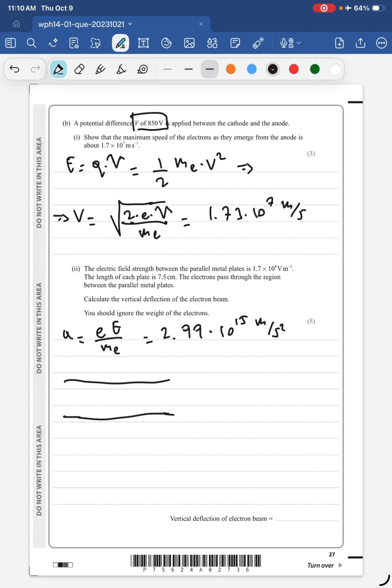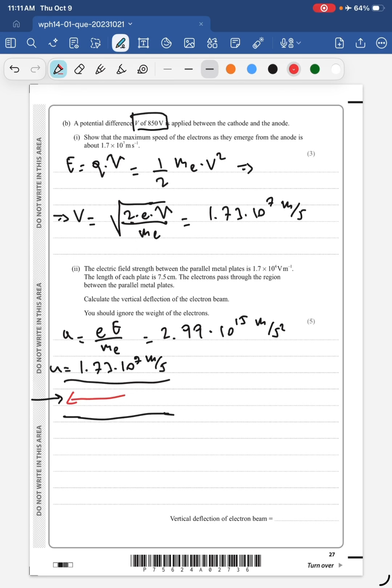So we need to find for how long these electrons were present in this electric field. And we can find that by knowing that the initial velocity u is what we calculated earlier, 1.73 times 10 to the 7 meters per second, right?